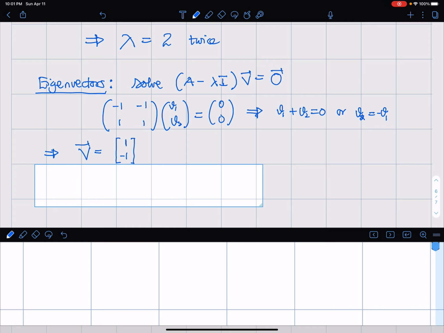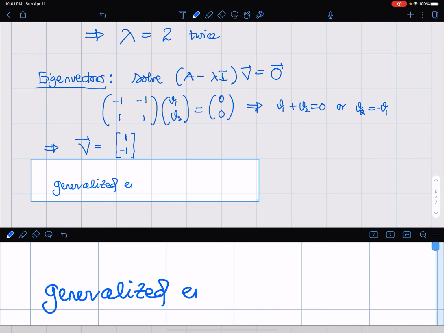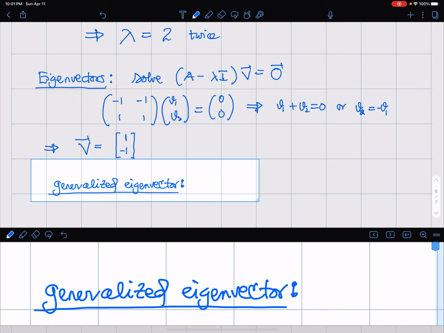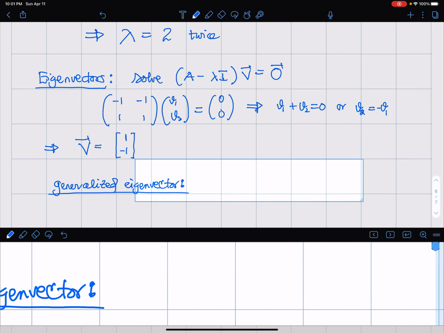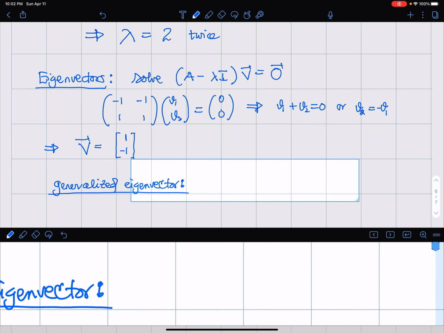And to get the second eigenvector, we look for what we call a generalized eigenvector. Our generalized eigenvector, we're going to call it W. And how to solve for it is this.